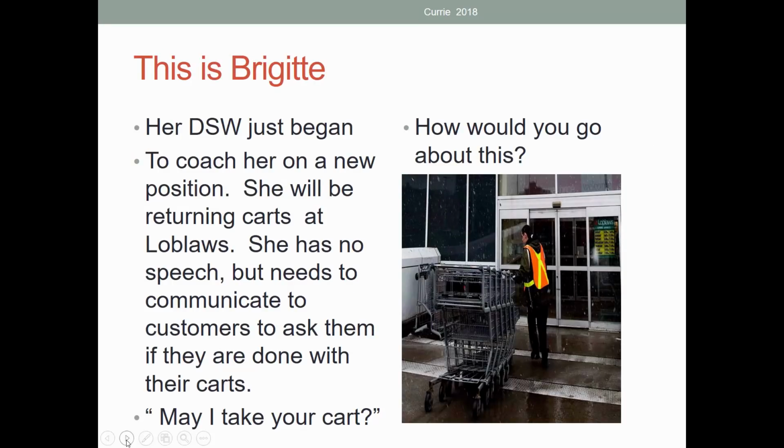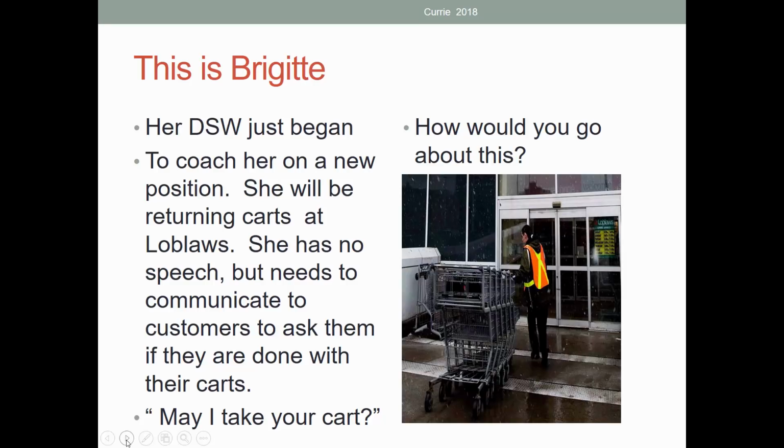So if you were looking at these examples, this is Bridget. She just got a new position returning carts at Loblaws, and her developmental service worker is coaching her. So she has no speech. She needs to communicate to the customers and ask them if they're done with their carts. And she would be saying, "May I take your cart?"